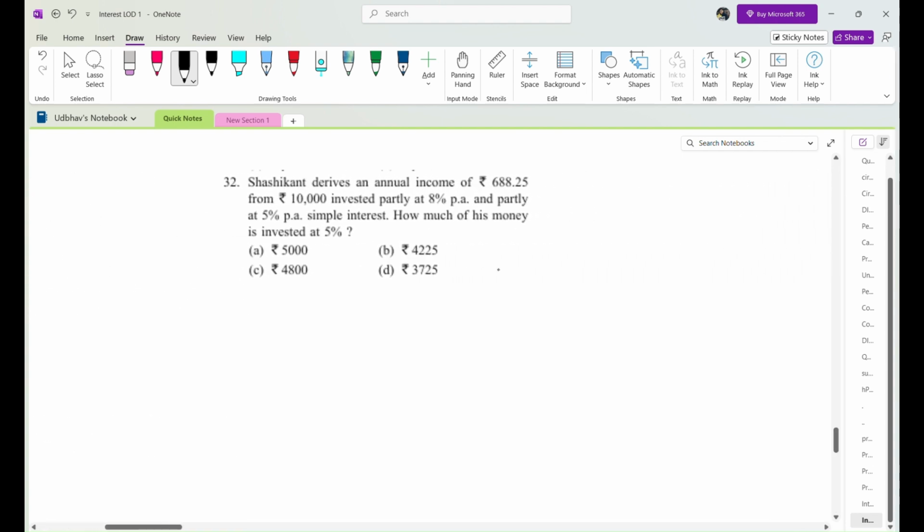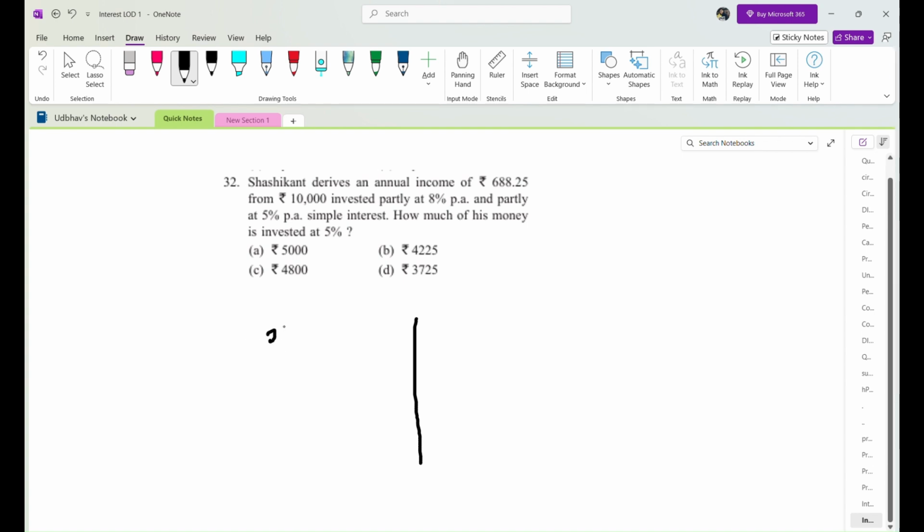Sashikant derives an annual income of 688.25 from 10,000 invested partially at 8% per annum and partly at 5% per annum simple interest. How much of his money is invested? Okay, so again we are having two kinds of investments.